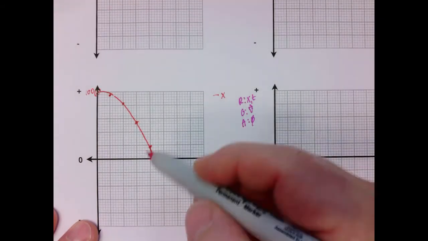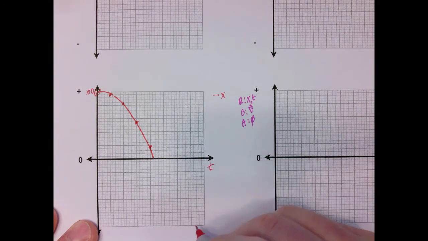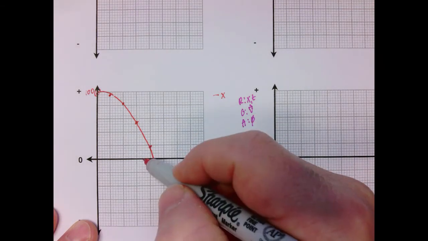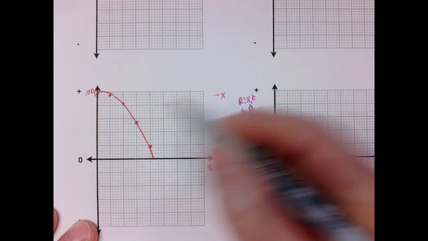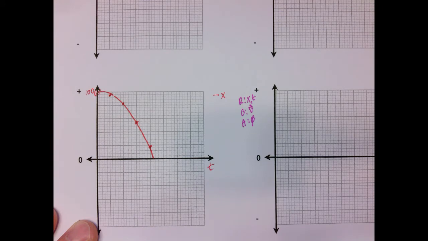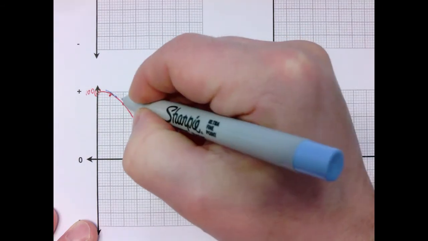So we can read values. We could have a particular time over here, and at a particular time, we could read the value of the position off the curve, x and t. The gradient, we said, is the velocity. Let's examine that. The velocity is the gradient, which is given as the tangent of the curve.